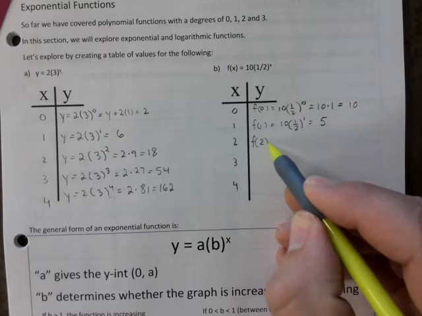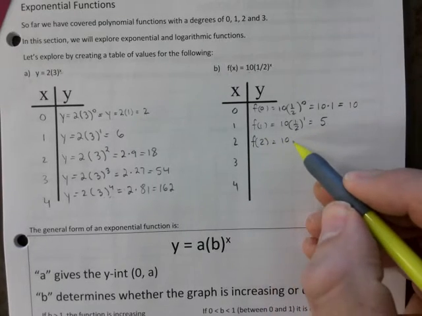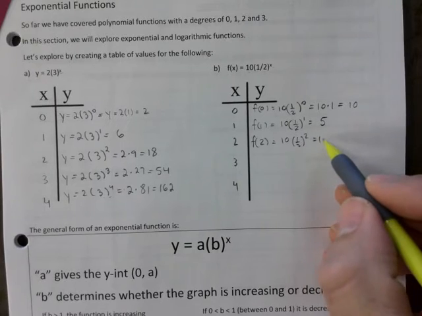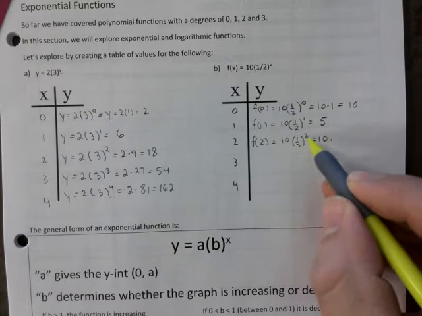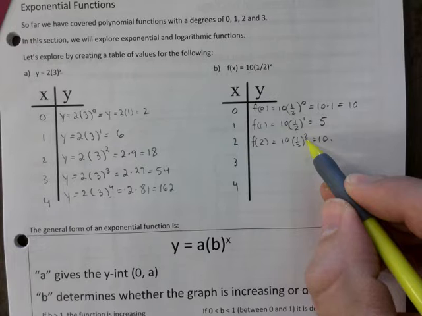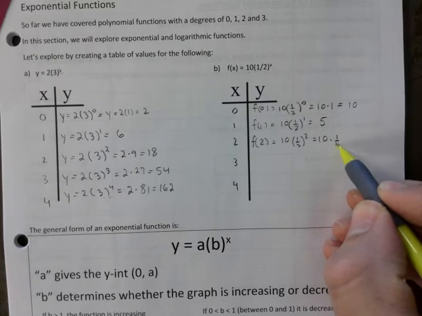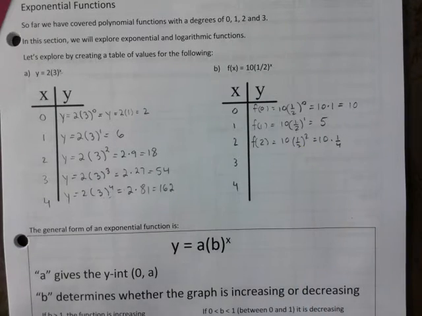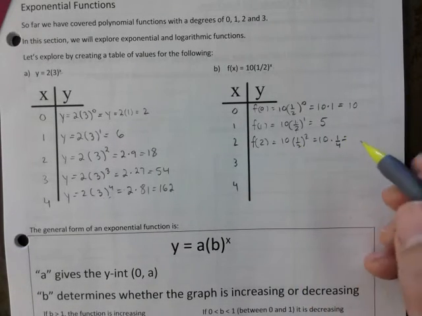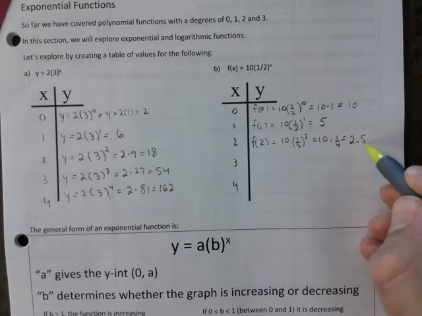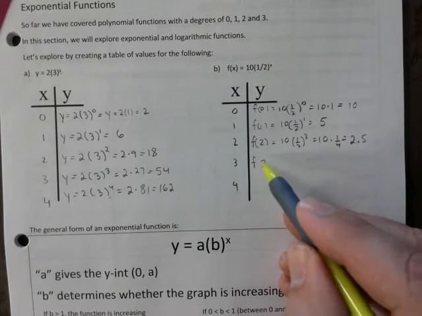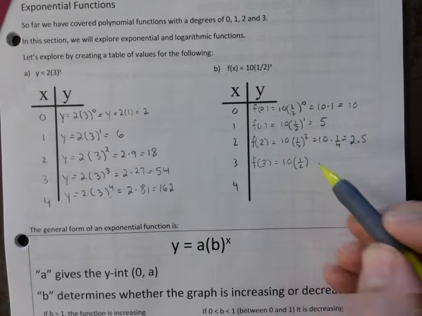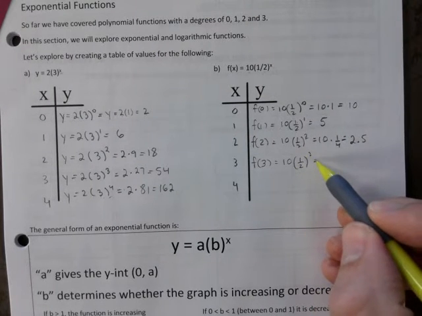f of 2. Why does he speak Spanish every once in a while? Stop doing that. That's 10 times, what's 1/2 to the power of 2? That would be 1/4, right? Because you're really squaring both the numerator and denominator. And that is 2.5. f of 3, 10 times (1/2) to the power of 3.